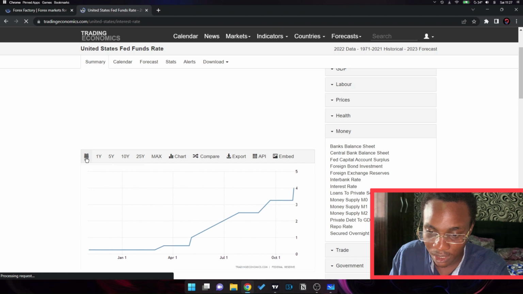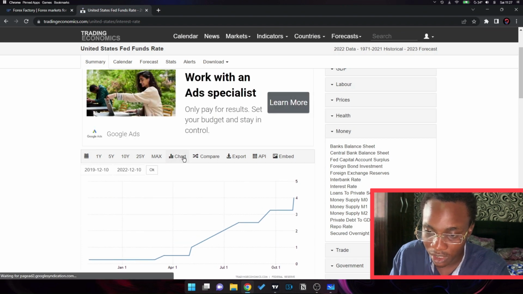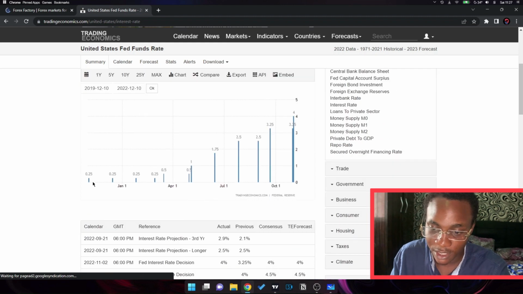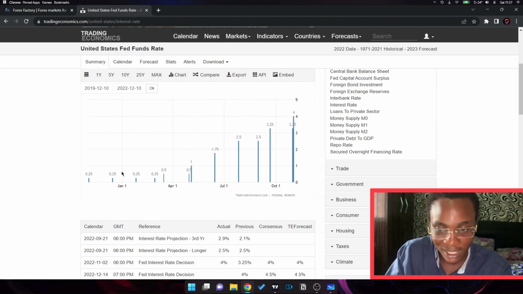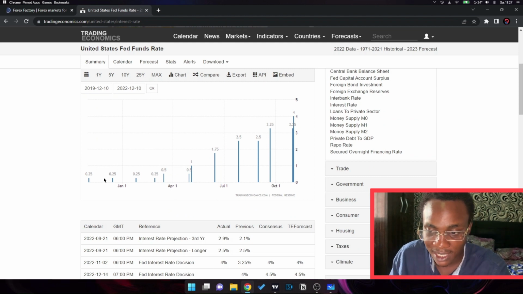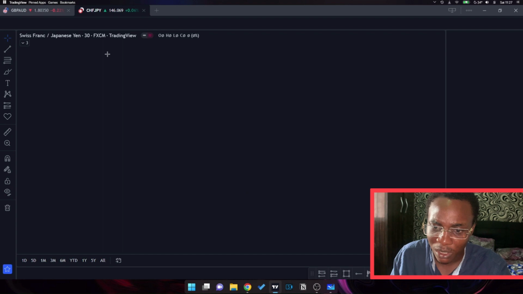I change this to line. Yes, you can see how the interest rate has risen over time for the United States, the hike of interest rates causing the DXY to be very strong over a period of time.